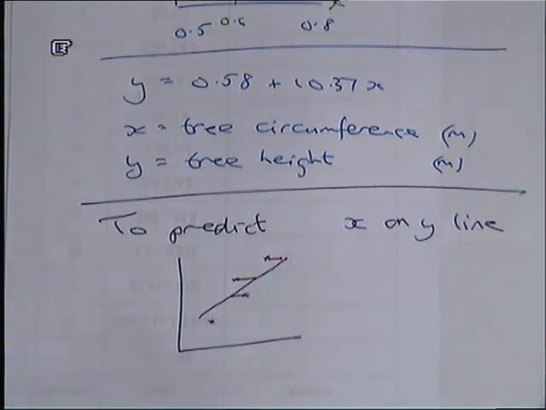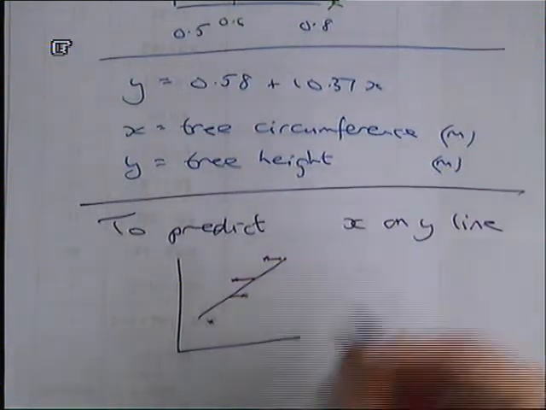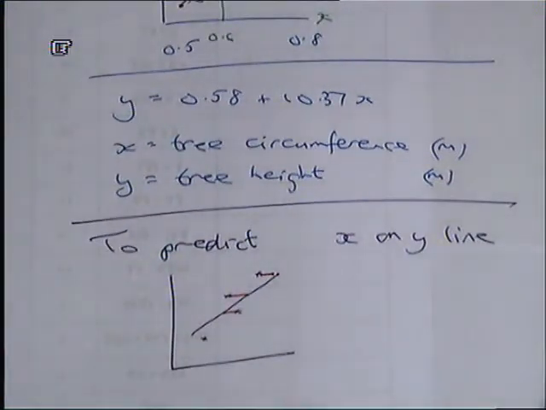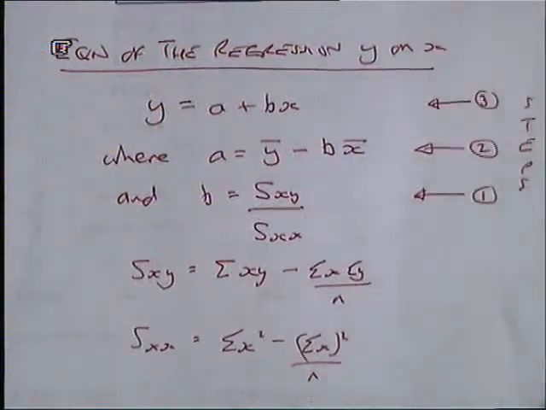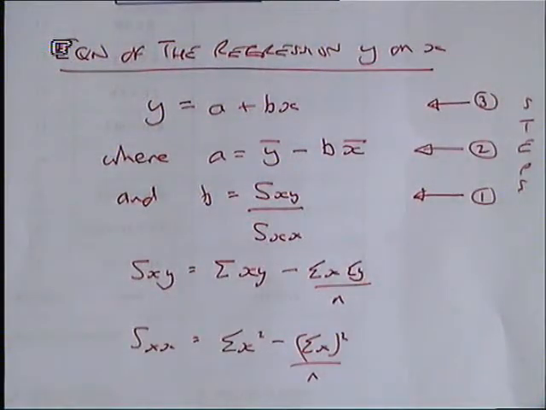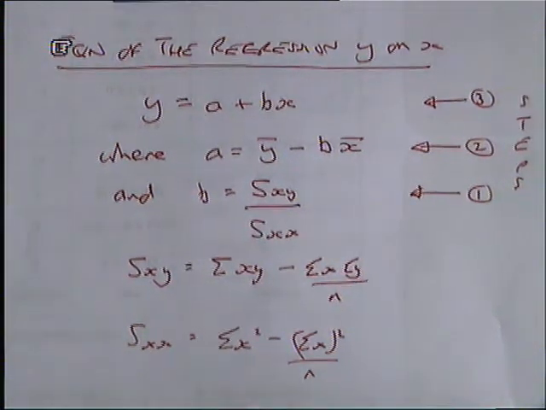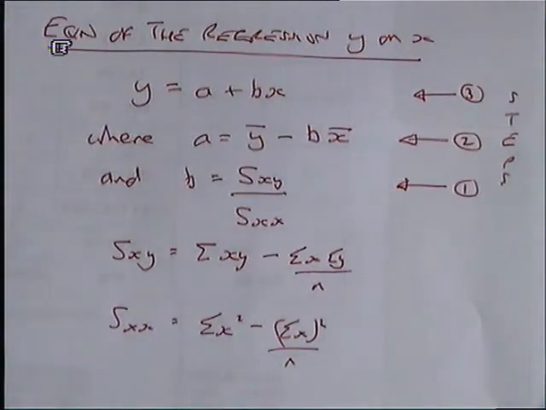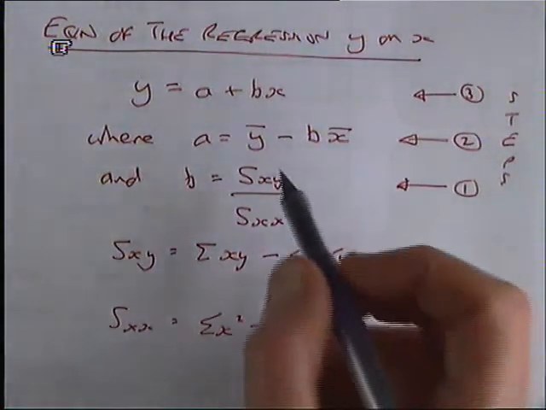And the formula for this one is very similar. This was the equation of the regression line y on x. If you are doing the regression line x on y, it looks fairly similar.